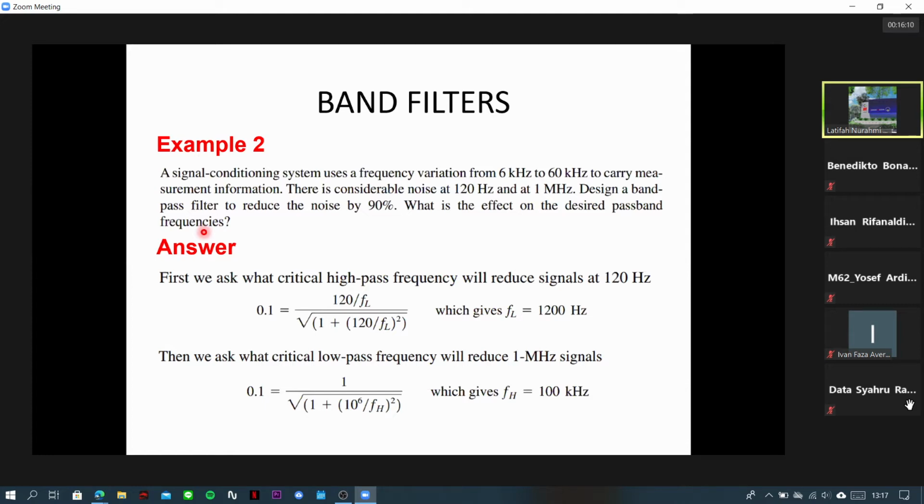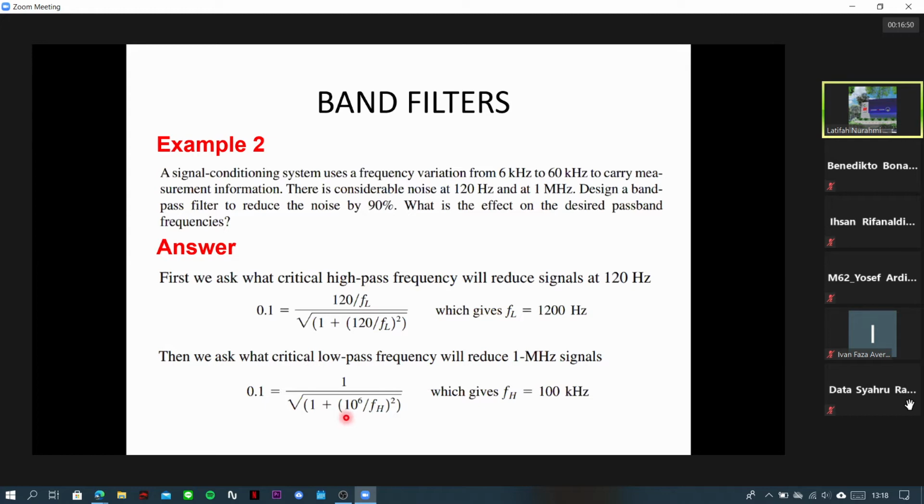The first thing is we use the mathematical formula from each of the low pass and high pass, because the band filter is simply a combination of both. So what you see here, the first one is the formula for the high pass filter, and the second equation is for the low pass filter.